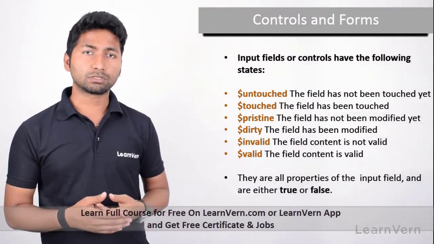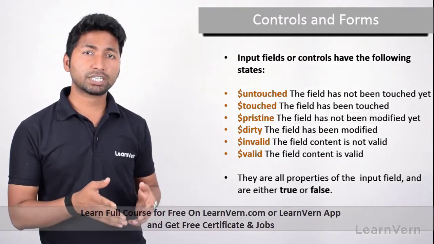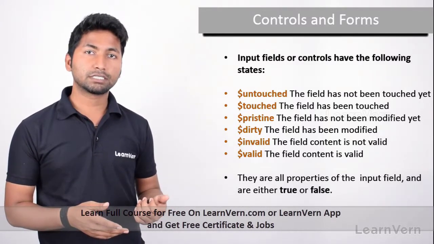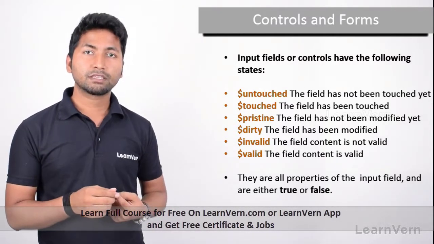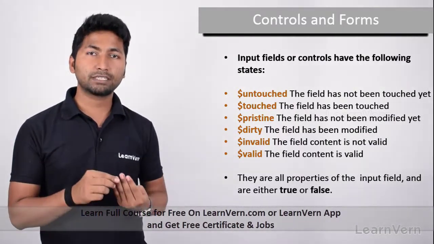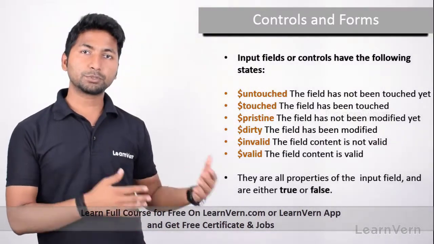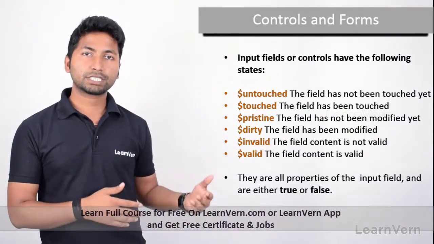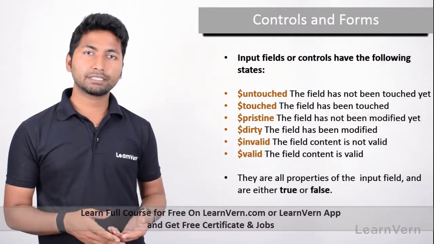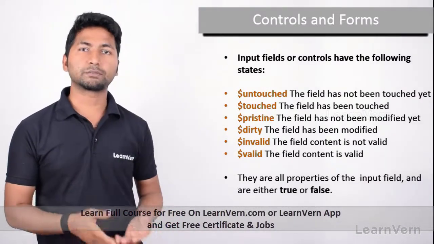So what are those? It provides you the variables through which you can check how my validation is going to happen. So this is like $pristine, $touched, $untouched, $valid, $invalid. These are for input state, okay. So for input state it provides these types: $invalid, $valid, $touched, $untouched, $dirty, $pristine.